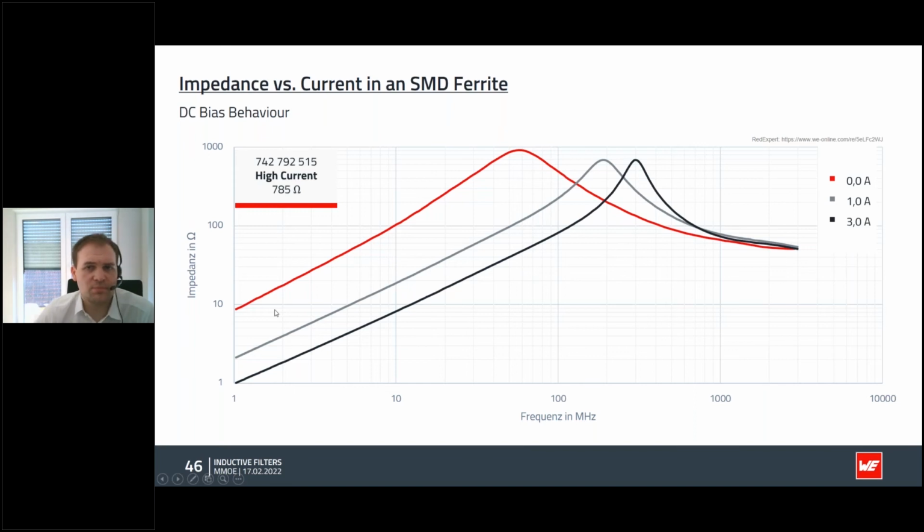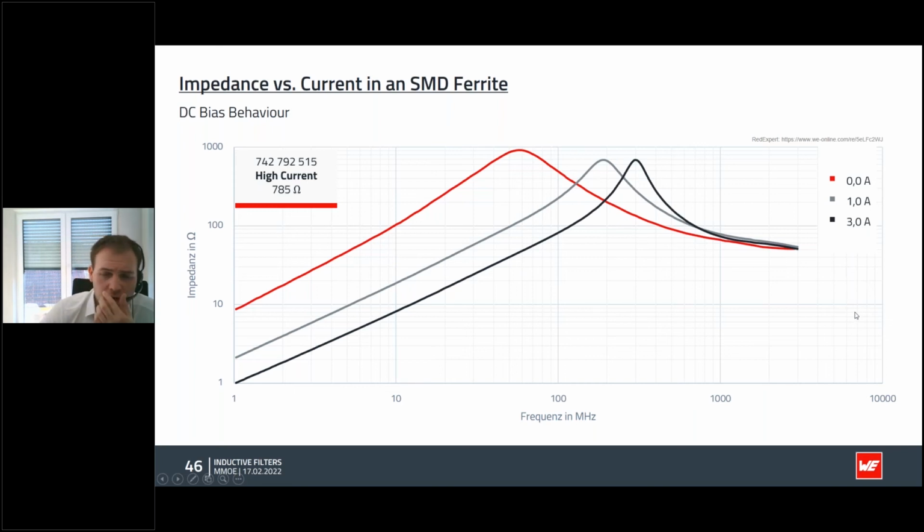This DC bias behavior, that's its name, can also be simulated using Red Expert. So if you're interested in how this SMD ferrite works in your application with the actual current that you're using, I highly recommend using Red Expert.